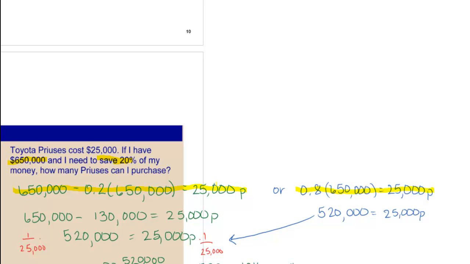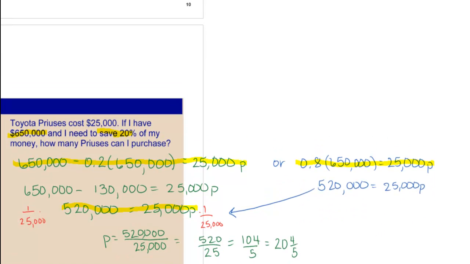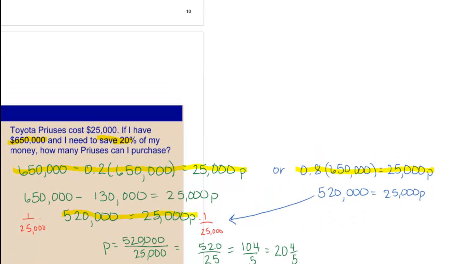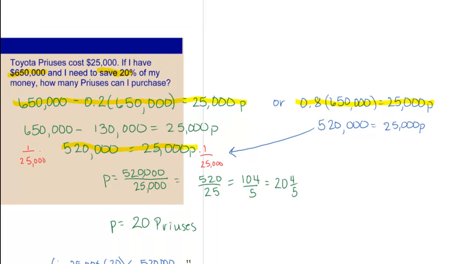Either way, you end up with $520,000 is the amount you can spend, and the Priuses are $25,000 each, so you're going to end up basically dividing both sides by $25,000, which is the same as multiplying by the reciprocal. And we end up with P equals 20 4/5. Obviously, I can't buy 4/5 of a Prius, so I can afford 20 Priuses.